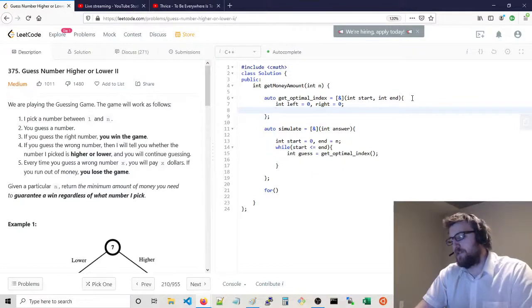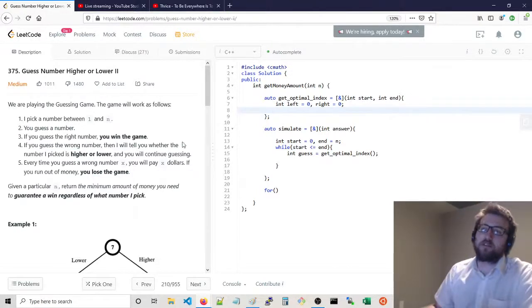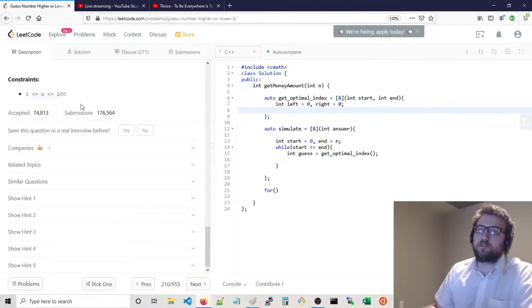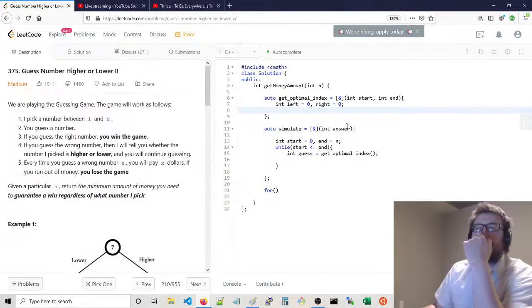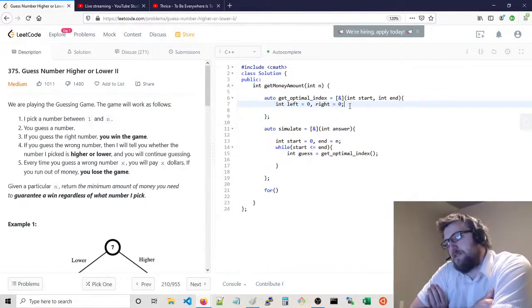I think the easiest way to do this is do one pass from start to end to get the sum. Actually, you might want to use an interval tree to optimize, but I don't think you need to because you have only 200. N is pretty small. You can be somewhat leisurely with this.